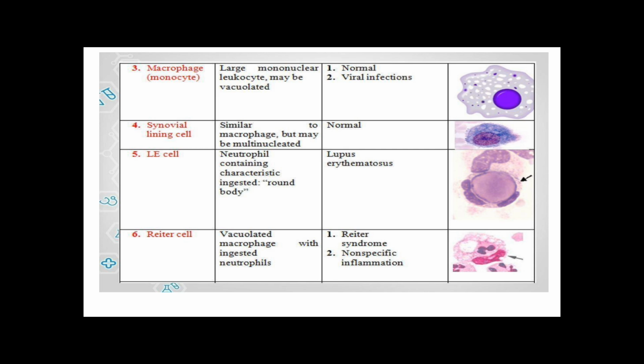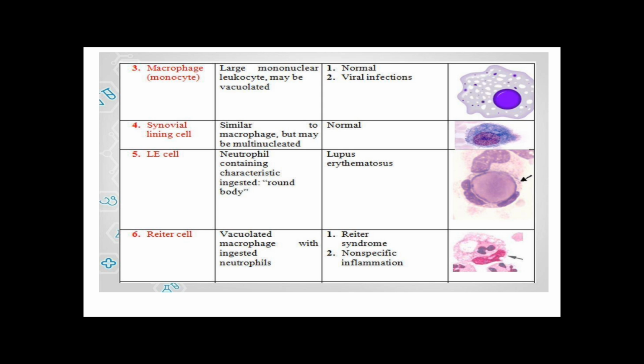Next, LE cells: here a neutrophil containing a characteristic ingested round body. This is due to lupus erythematosus. So the LE cells are due to lupus erythematosus.